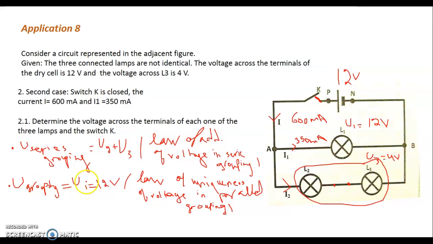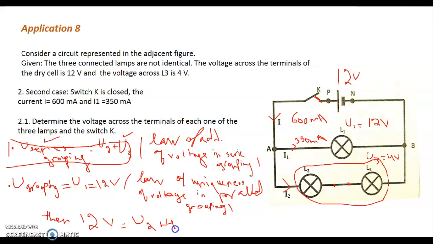So now I have U for the grouping is 12 volts. I substitute it in the first equation that we wrote. So we have U grouping and we have U3, so we obtain an equation with one unknown, which is U2. Substituting, we have 12 volts is equal to U2 plus 4 volts.